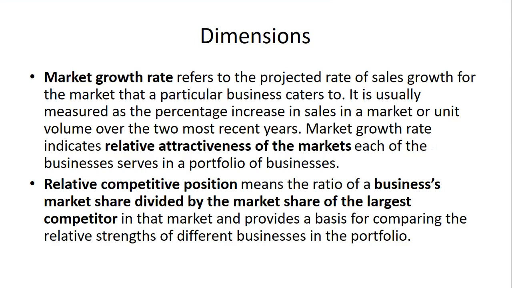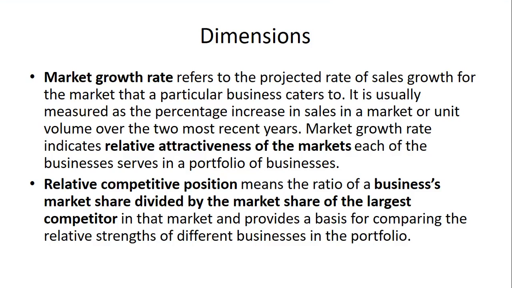It is usually measured as the percentage increase in sales in the market, or the unit volume, over the last 2 recent years. Market growth indicates the relative attractiveness of the market that the business serves. Relative competitive position is the ratio of the business's market share divided by the market share of the largest competitor.